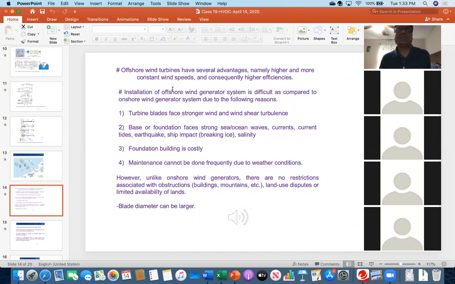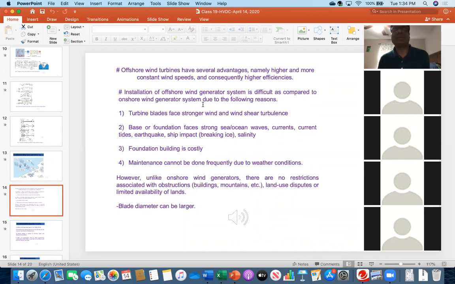Offshore wind turbines have several advantages, namely higher and more constant wind speeds, and consequently higher efficiency. Because there is abundant wind on the ocean or inside the sea, you can produce much higher power, and hence the efficiency will go high.